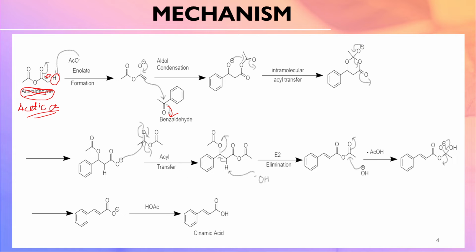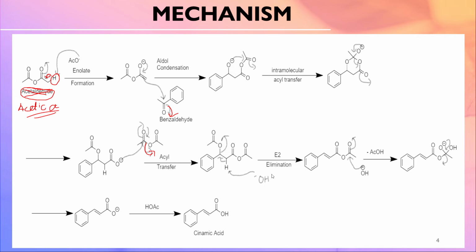Now another molecule of acetic anhydride will come here, and this O minus will attack here. This bond goes up, so again goes down, and an acyl ion will generate.